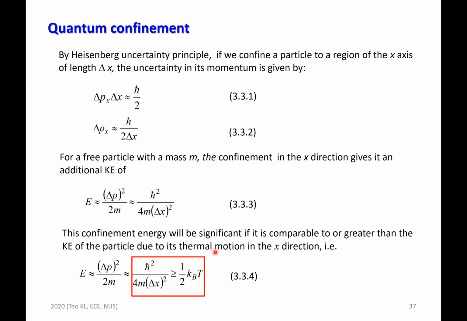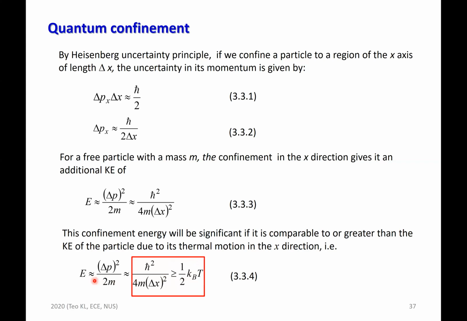In the three-dimensional case, it will be 3 over 2 kT. In the one-dimensional case, it is half kT. So by equipartition, in one direction it is half kT, and in three directions it is 3 over 2 kT.